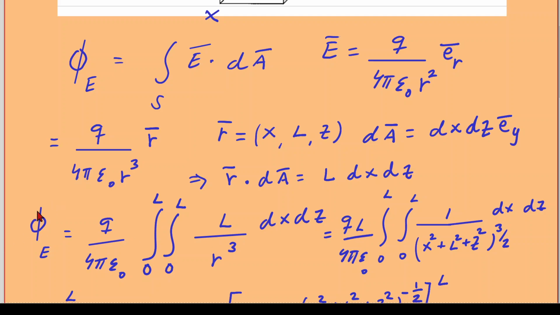And now we can set up the flow. So this is a constant, q over 4 pi e naught, so we break it out from the integral. And so it's this guy here, and that's got a dot product with dA, but that we just calculated to be L dx dz. And then the r cubed is still within the integral, because when you're integrating, the distance r is varying.